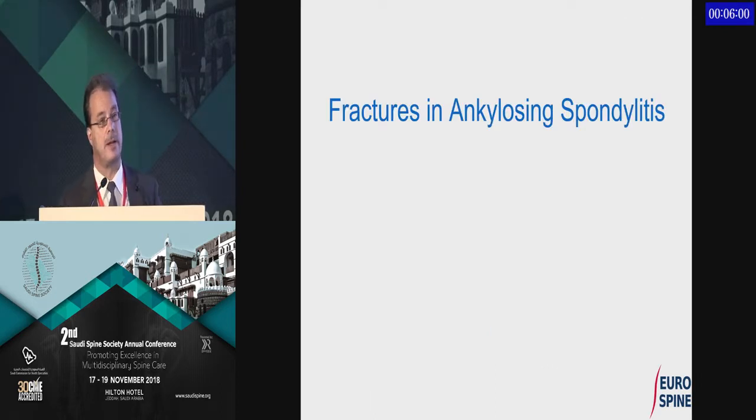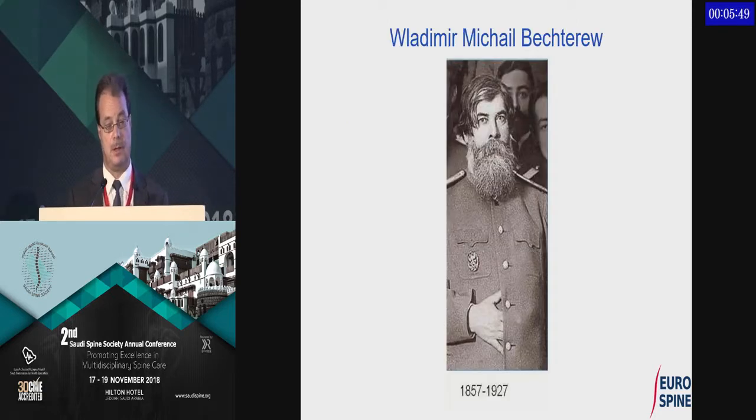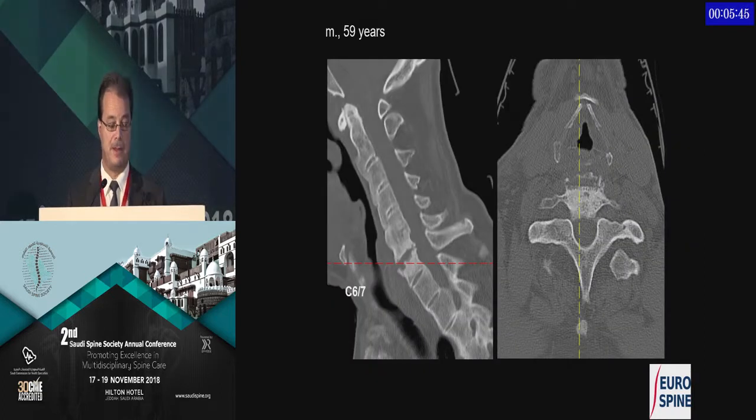And finally, I would like to shed a little bit of light on the ankylosing spondylitis fractures that we see more and more often, especially in that age group. That's just the first case in a 56-year-old. You see there, the patient did some correction a little bit.